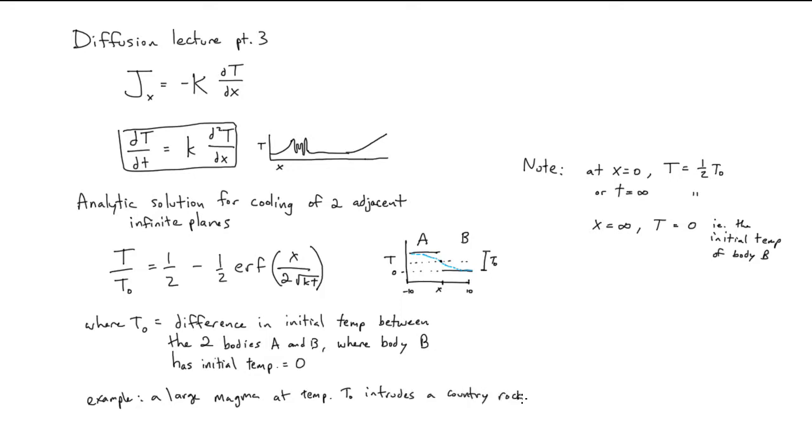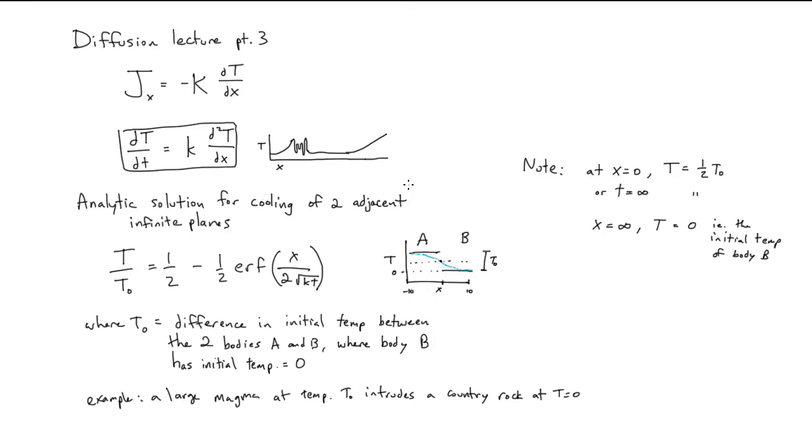Okay, so at t equals 0, imagine this is like a granite that intrudes and goes into some rock that was colder. So the granite's going to cool down. The rock it went into is going to heat up.